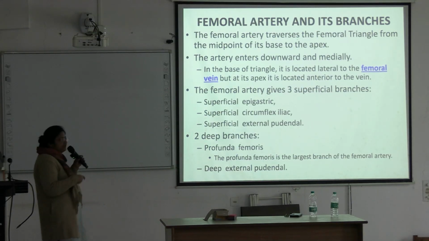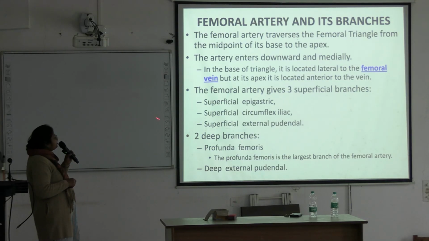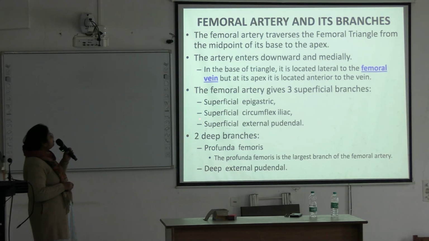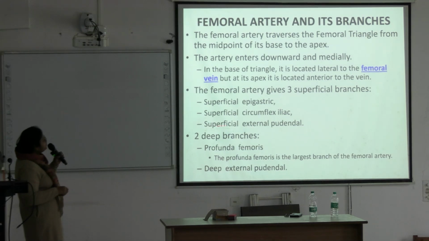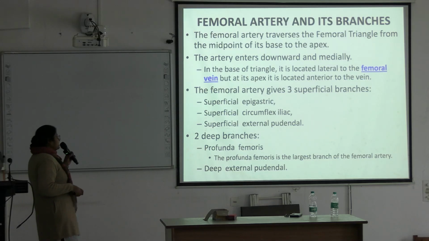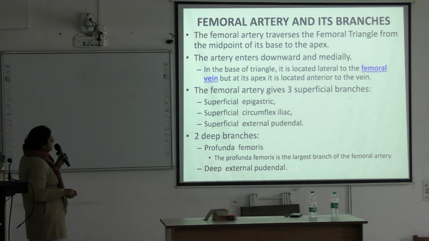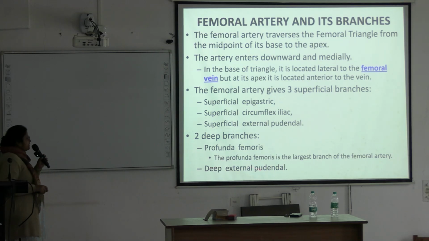The femoral artery gives 3 superficial branches. These are very frequently asked in your viva and MCQ. Superficial branches are superficial epigastric, superficial circumflex iliac, and superficial external pudendal. And 2 deep branches are there: profunda femoris and deep external pudendal artery.